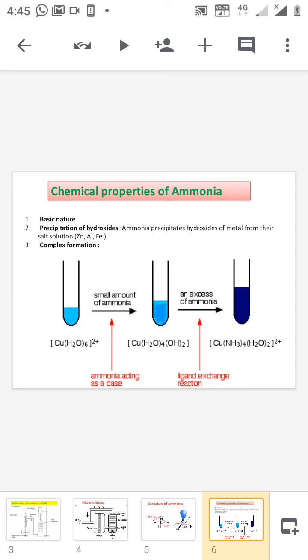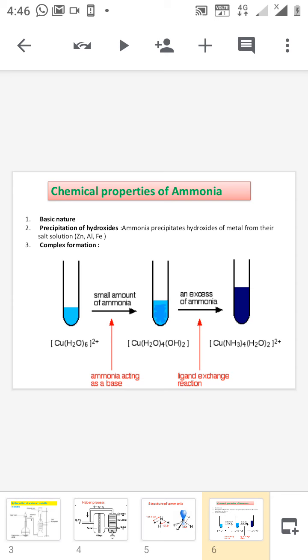So ammonia will give its lone pair of electrons to electron deficient species, especially BF3. When aqueous ammonia is added dropwise to a cupric salt, a pale blue precipitate of cupric hydroxide is formed first, as shown in the slide, which dissolves in excess aqueous ammonia to give a deep blue solution due to the formation of the tetraamminecopper(II) cation.